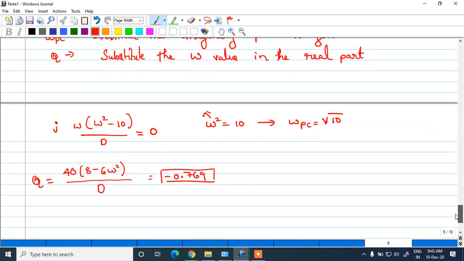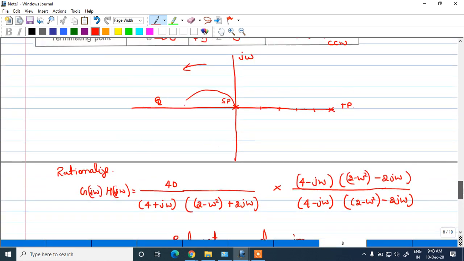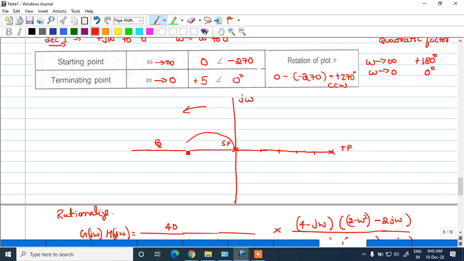Please check Q as minus 0.769. So let me take somewhere this point as Q, which is equal to minus 0.769. Okay, so it will intersect that particular value, and now you can draw the rough sketch and reach the final. Okay, so starting point, the direction.